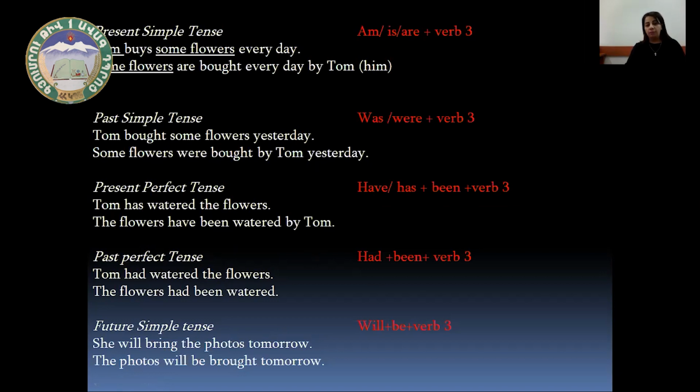The flowers had been watered by Tom. And the formula would be had plus been plus verb 3. For the future simple tense, we have the following picture. She will bring the photos tomorrow. The photos will be brought tomorrow. And the formula is will plus be plus verb 3.